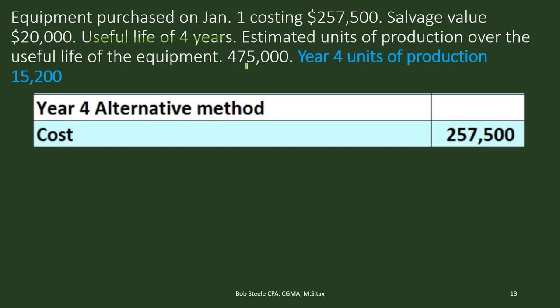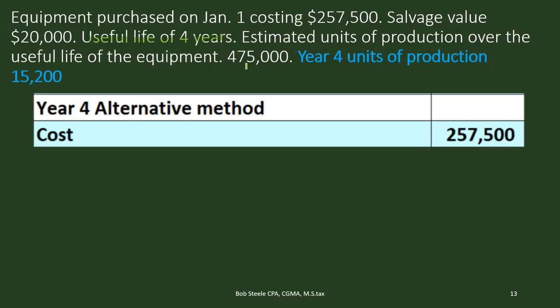So what we're looking for in the final year is that if we calculate the book value after recording depreciation and the book value is less than the salvage value, remember that we need to stop there, similar to the double declining balance method. We can see this most easily if there was no salvage value.